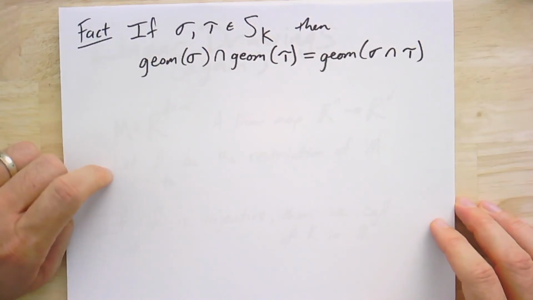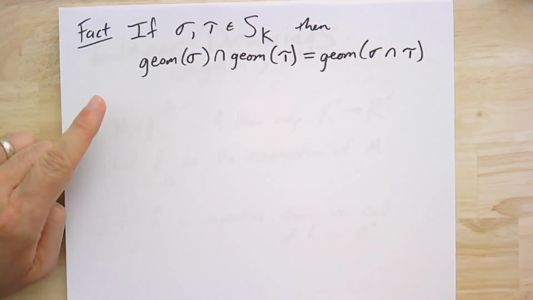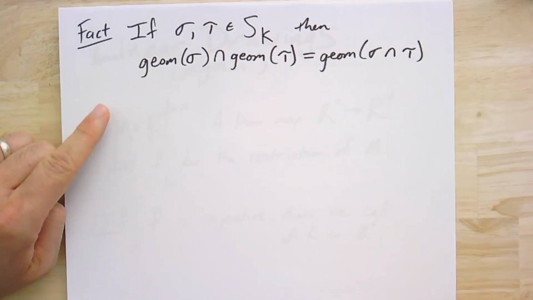So we're going to prove a fact which is going to help us to get our head around the definitions. And this is going to be relatively simple to prove, but I think it's a good one to look at for two reasons.